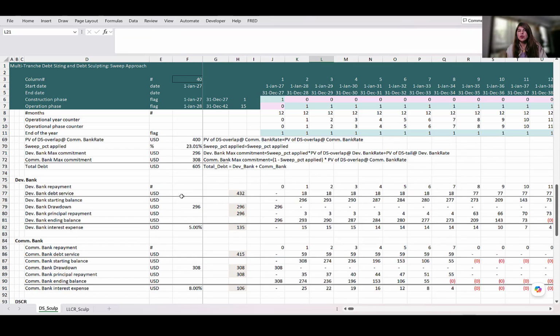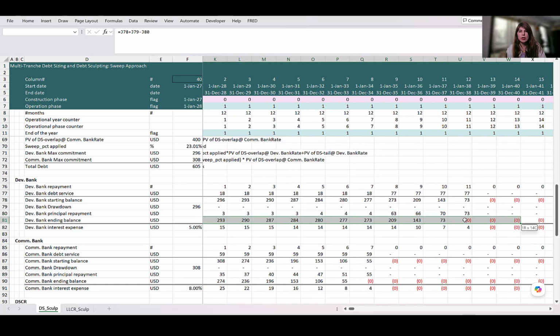Okay, so up to now we are fine. Now the big test is to make sure that the ending balance of both tranches at the end of the debt life is equal to 0, meaning that we fully repay both tranches of debt, which is the case here.